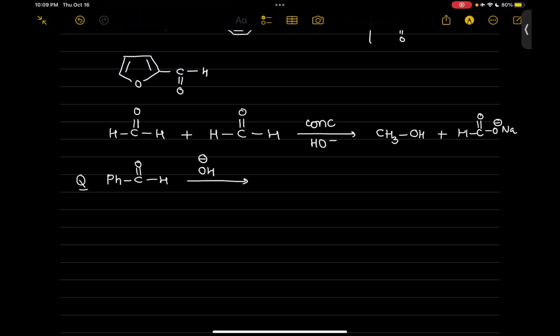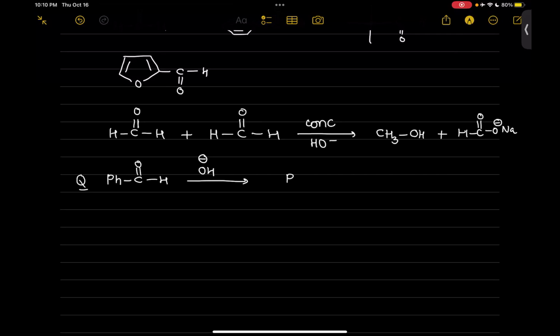You need to understand that this is the molecule which does not possess any alpha hydrogen. So what you need to do is the Cannizzaro. Getting the point? Just be very careful.